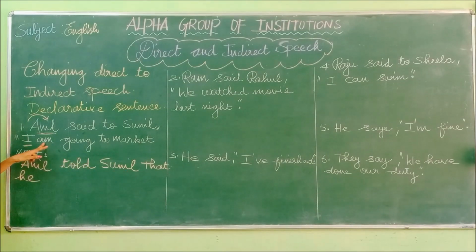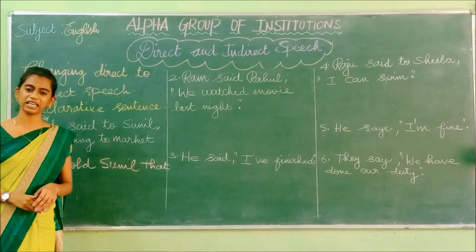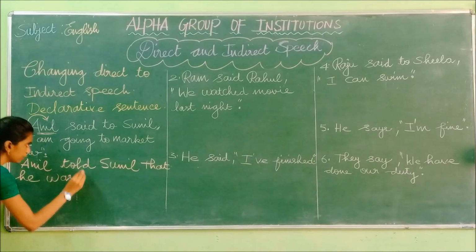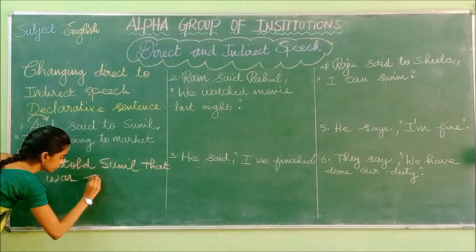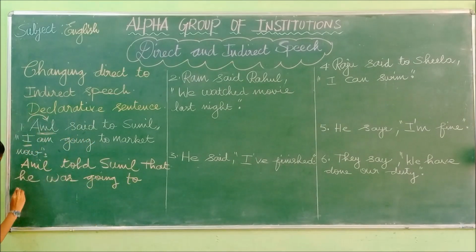In direct speech, if there is am, is or are, we have to change it into was and were in indirect speech. Here they have given am. So how will am be changed in indirect speech? Yes, was. So Anil told Sunil that he was, the remaining as it is, going to market.